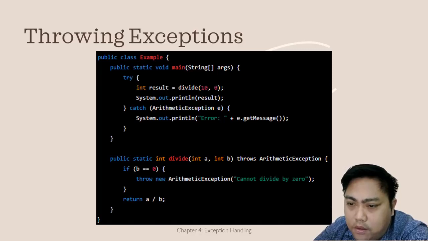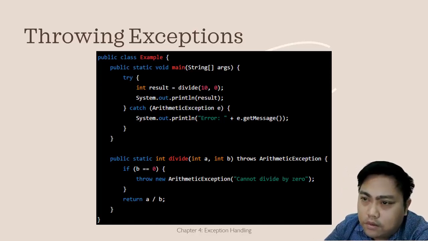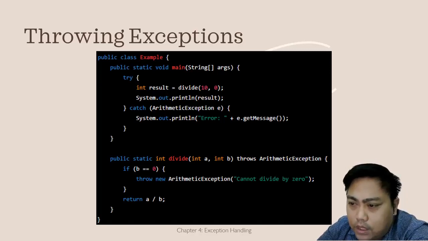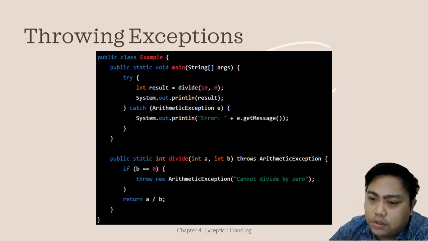In the main method, we call the divide method with 10 and 0. Since 0 is not a valid divisor, the divide method throws an ArithmeticException, which is caught by the catch block. The catch block prints the error message to the console. When throwing an exception, it is important to declare the exception in the method signature using the keyword throws.